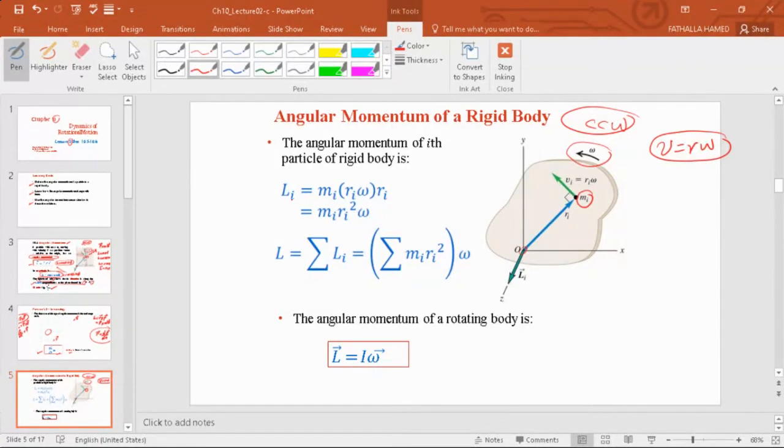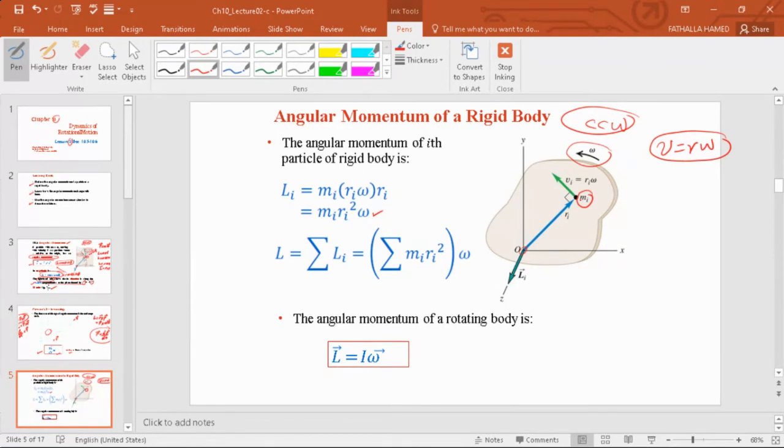So when we look at our angular momentum, it is equal to mvr, because this angle here is 90 degrees, and sine 90 degrees is equal to 1. So it will be mi, vi equals ri omega, and of course the r will equal ri. So it will give you mi ri squared multiplied by omega. That will be the angular momentum for mi, where mi is a point mass on this rigid body.